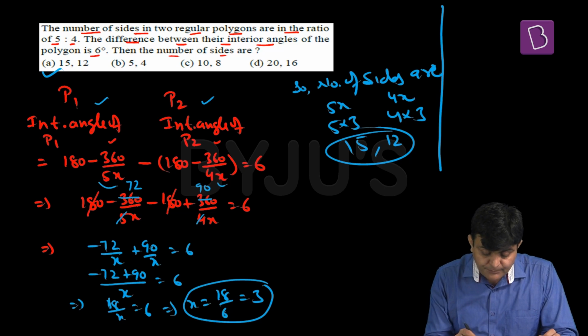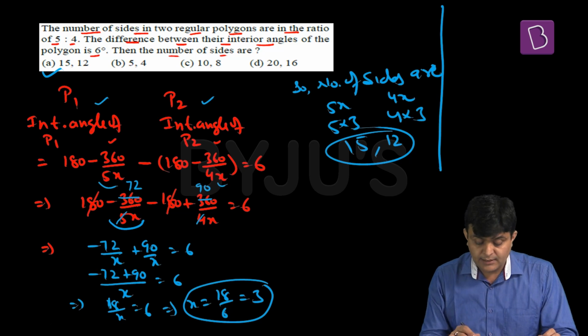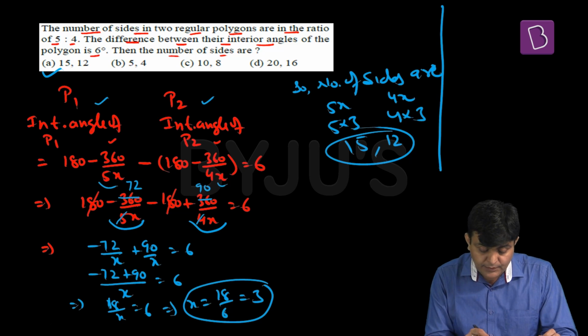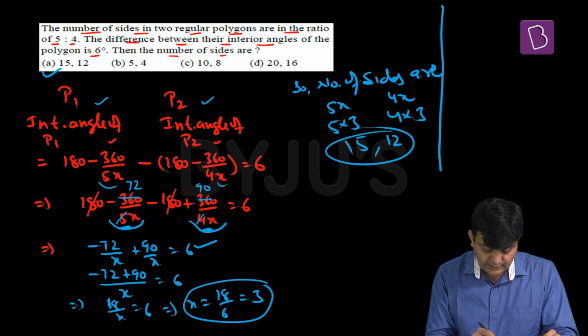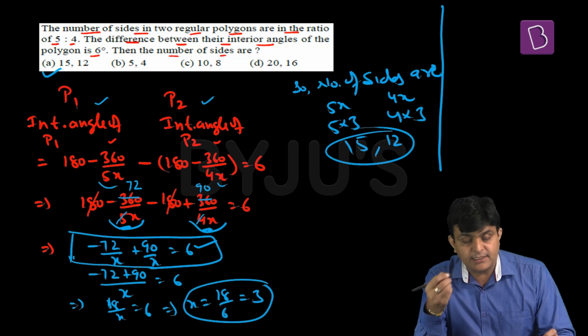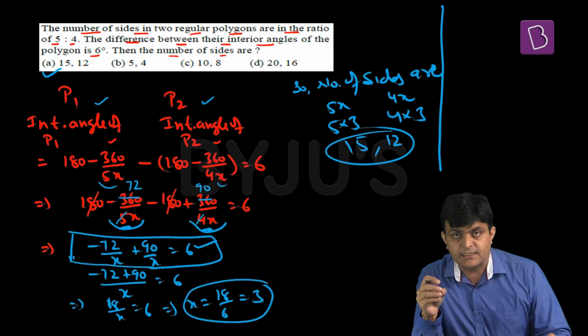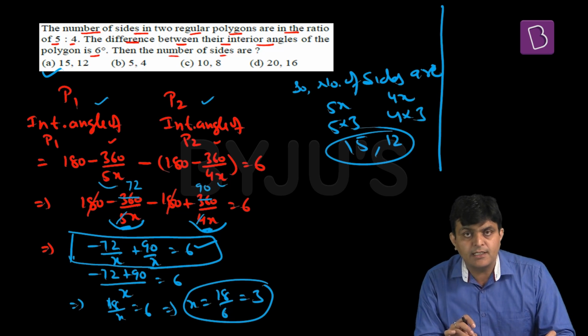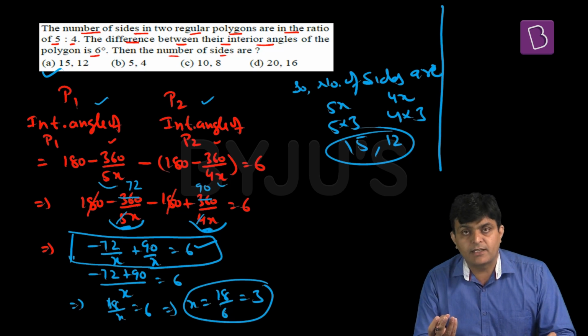Finally, please note that these are the external angles of the two polygons, and the difference between the first one and the second one is 6. So please note this, and we can write directly that the difference between external angles is also 6 instead of internal. Given is internal, but if we want, we can write the difference between external angles also, right?